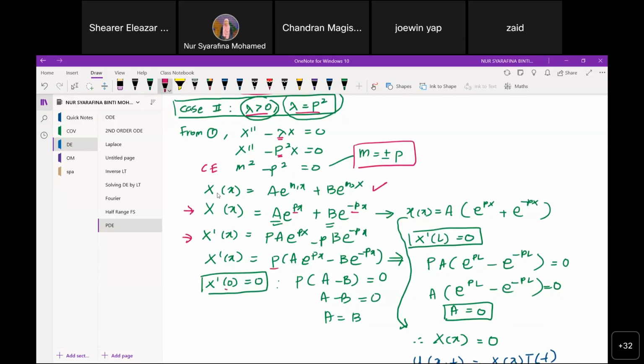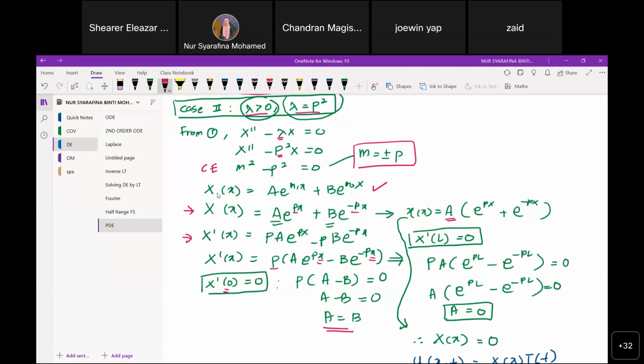When x equals 0, x prime equals 0. So substitute x here with 0. So it becomes pA minus pB equals 0. Put p to the right hand side, which gives you A minus B equals 0. A equals B. So when A equals B, substitute again into x. Now, A and B here are the same, so just factorize the value of A.